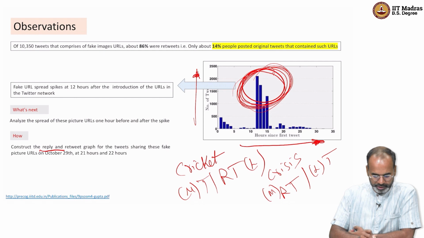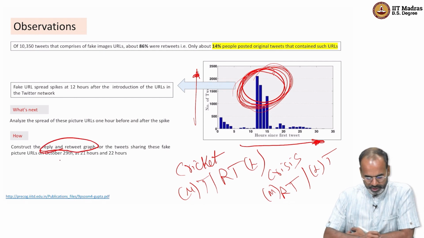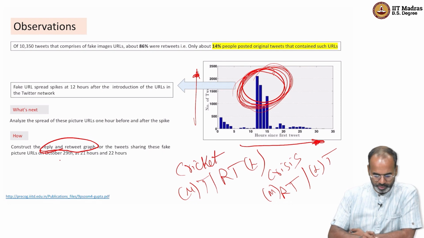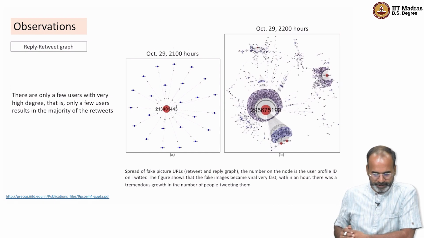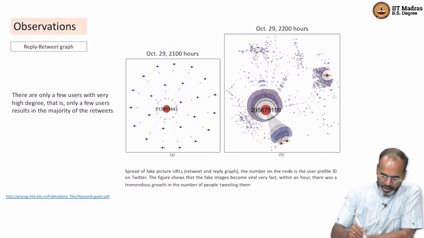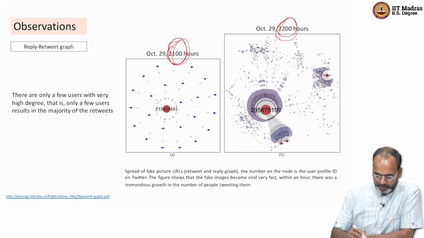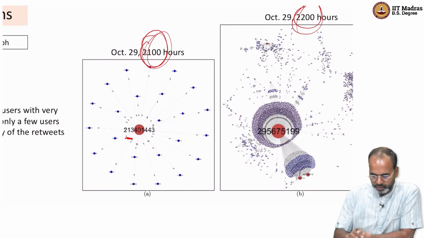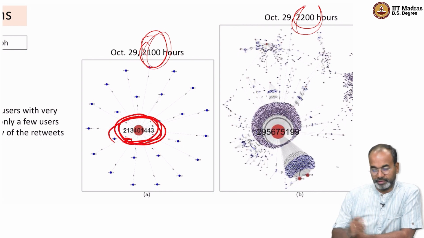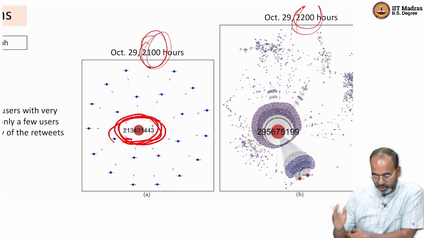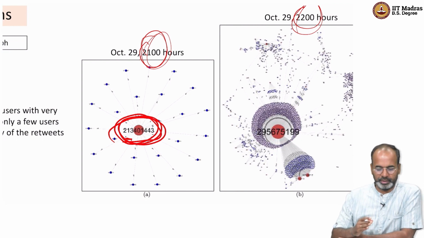Construct the reply and retweet graph. The next slide will show you this. For the tweets sharing these fake picture URLs on October 29th, 21 to 22 hours. So this is 21 hours, this is 22 hours. There are many interesting observations that you can find if you just look at this. 213-401-443 is the user which is more popular at 21 hours.